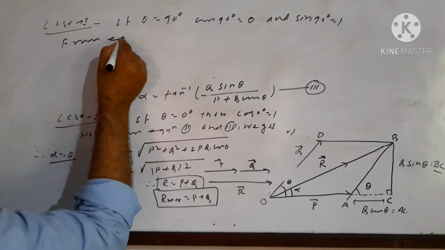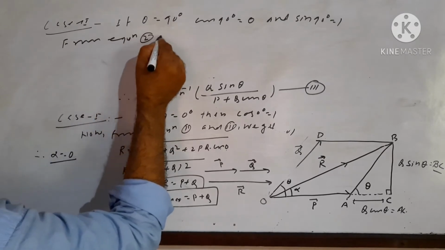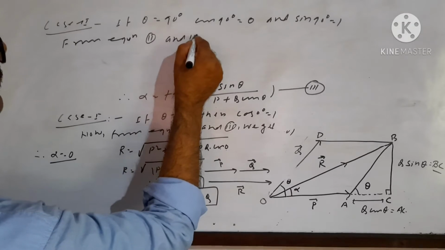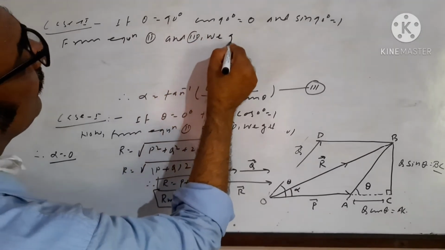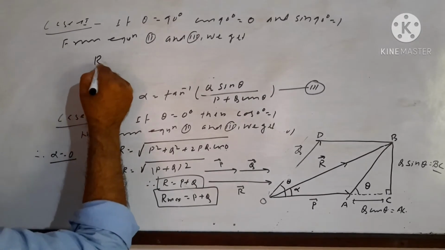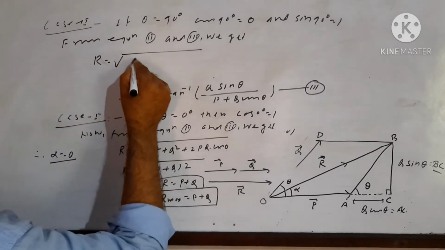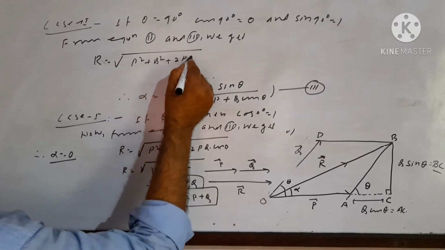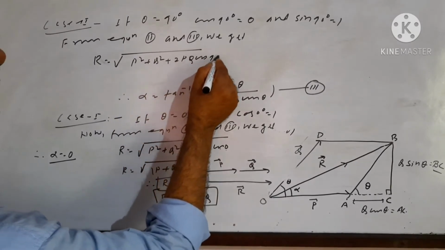From equations 2 and 3 we get R equal to under root P square plus Q square plus 2PQ cos 90.